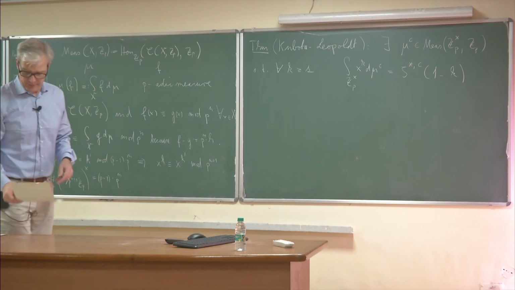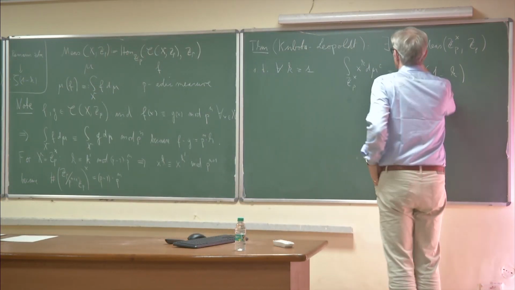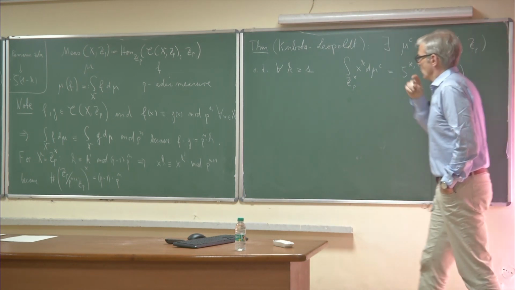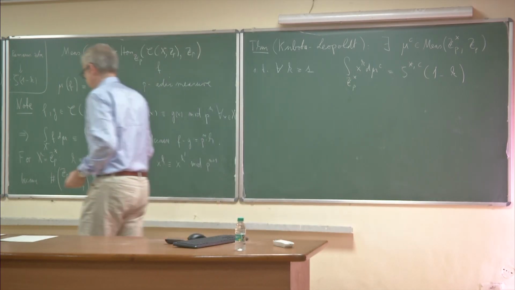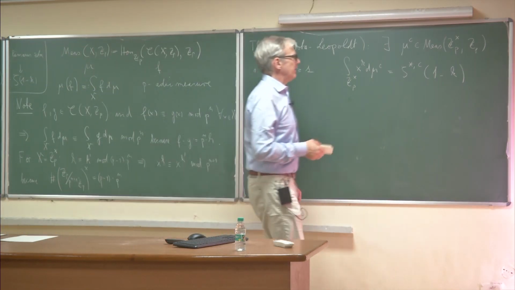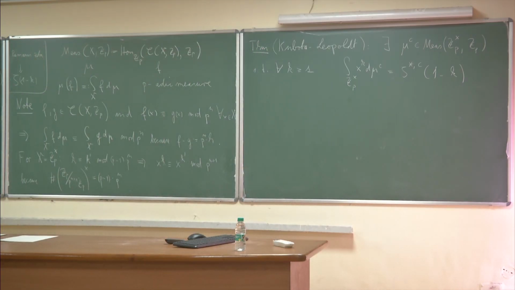So if you want to study congruences, then it's much better directly to study such measures, because, you will see in a moment a little bit, you can describe the measure space, the space of measures.